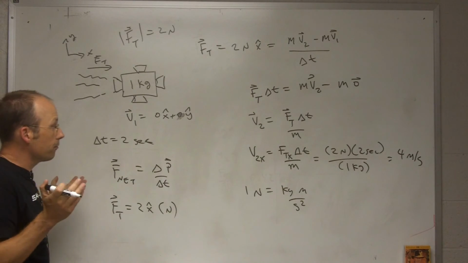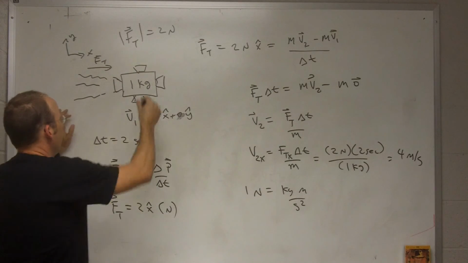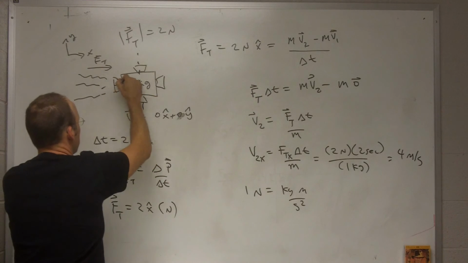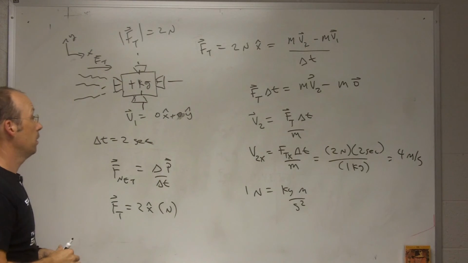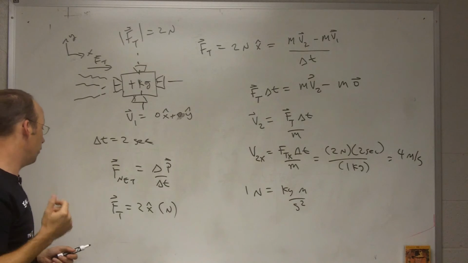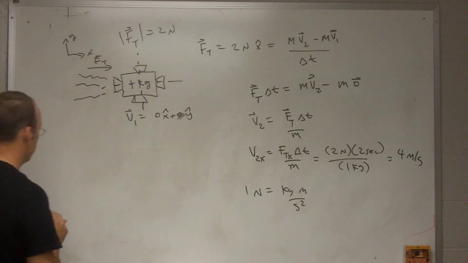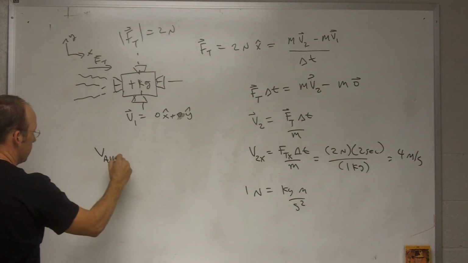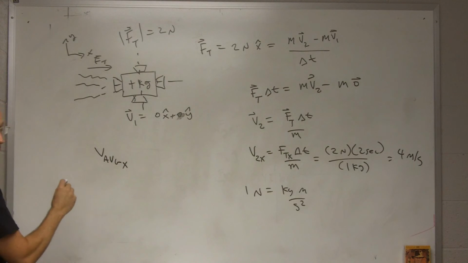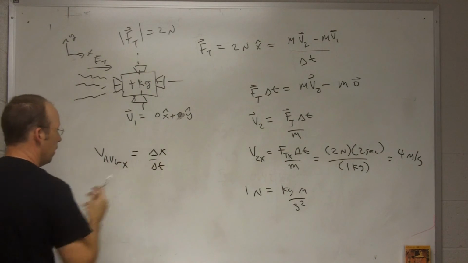Now, if it started at x equals 0, at the origin, can I find out where it is after that time? Here I can use the following idea: the average velocity in the x direction, we only have x direction here, is delta x over delta t.